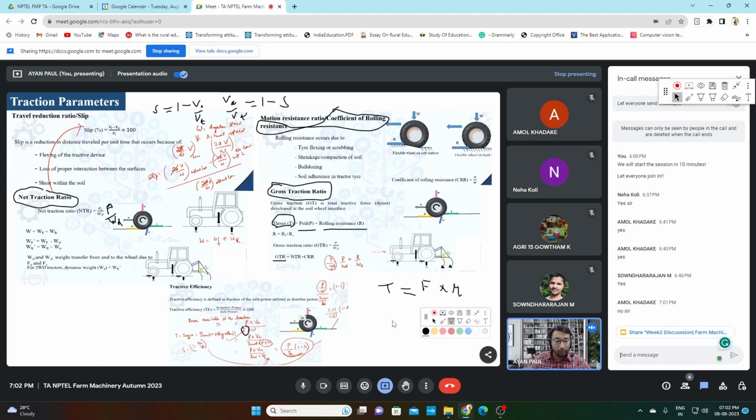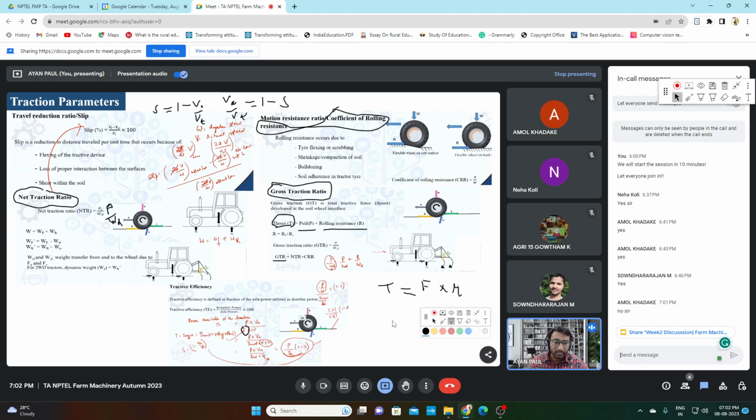What is our second traction parameter? Our second traction parameter is coefficient of rolling resistance. Whenever your tire is interacting with the soil and moving in a forward direction, there will be a force called rolling resistance or motion resistance that will try to hold your tire at the same point, acting in the opposite direction to your direction of travel.